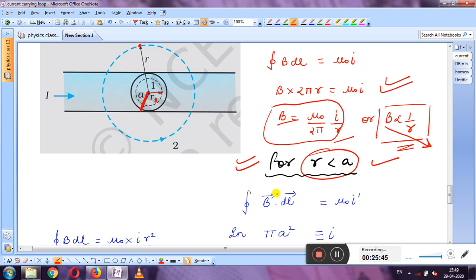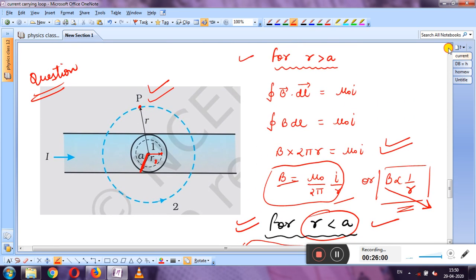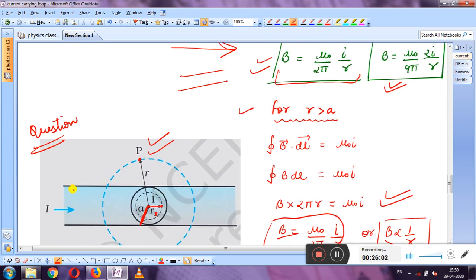Now for this part again we will apply Ampere's circuital law. So you can see here integration B dot dl is equal to mu naught I dash. This time I have taken I dash. Why have I taken I dash? Let us understand. I was the current flowing through the whole of the cross section, right? And this time through which cross section do we want it?